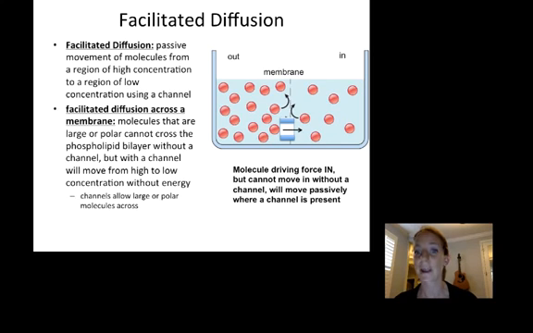So circle this right now and write on this slide, there is no energy required for facilitated diffusion. It only needs a channel. So facilitated diffusion across a membrane is for molecules that are large or polar, and they cannot cross the phospholipid bilayer without a channel. But with a channel, they'll move from high to low without the need for energy.